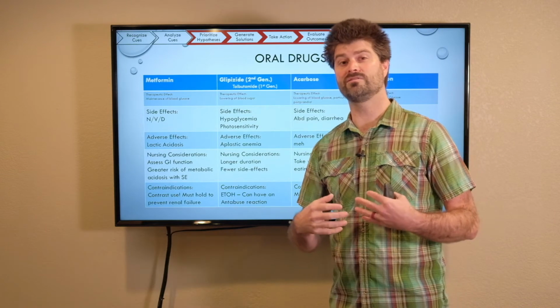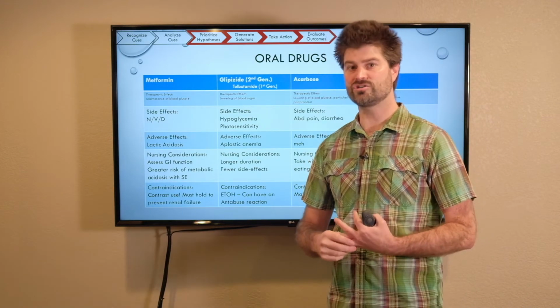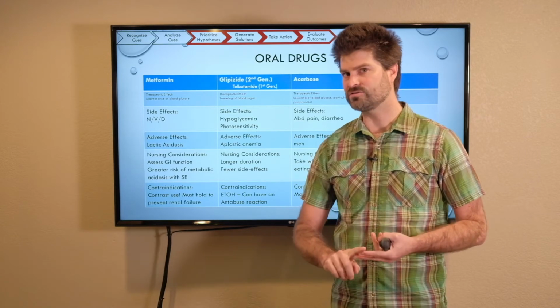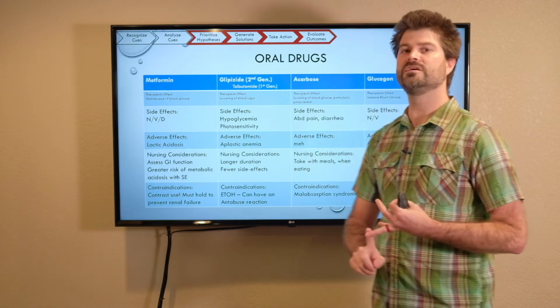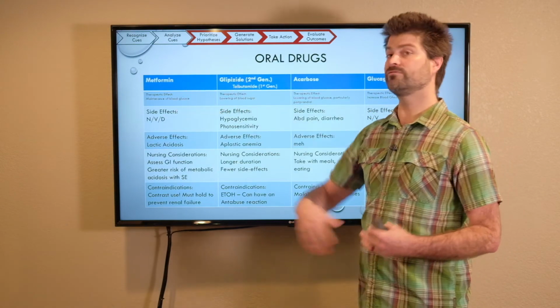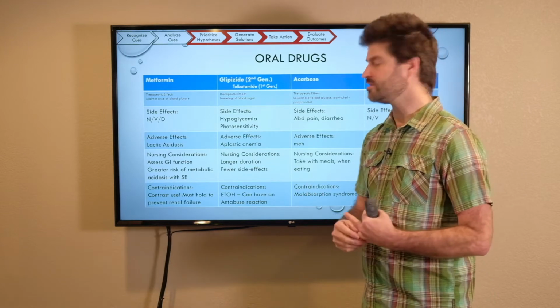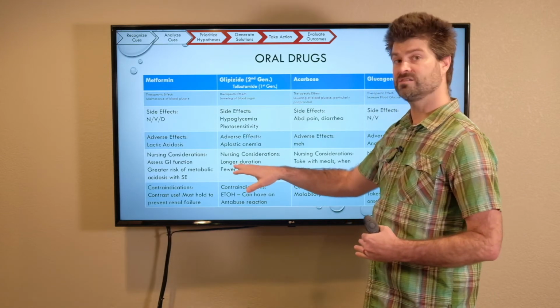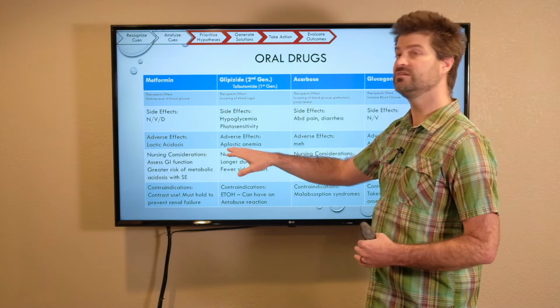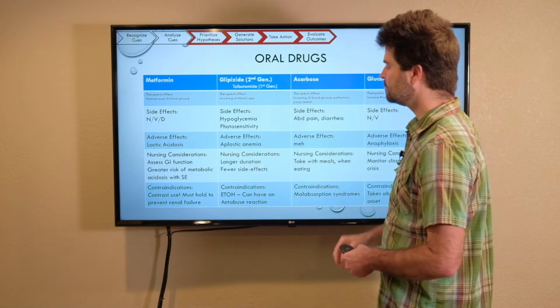Because they're typically going to be doing this to help manage their diabetes in conjunction with diet modification, exercise therapy, and probably some insulin for postprandial spikes, because both of these medications are for our type 2 diabetics, not our type 1s. So patients are going to be on this for a long time, which is why those CBCs are really important to look out for our aplastic anemias.